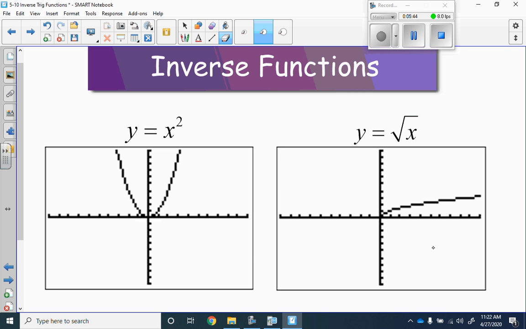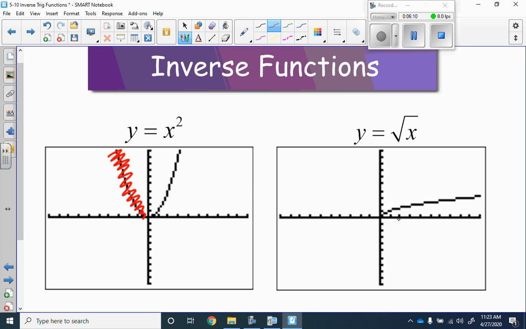Well, we needed it to be a function to be able to use the different function properties and things like that. So you'll remember that we talked about restricting the domain of your quadratic. We said, well, if it's not going to work having both, let's just forget about the negative part here and only work with the positive values.